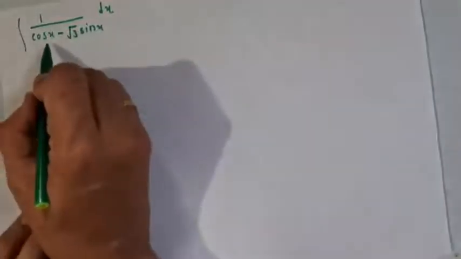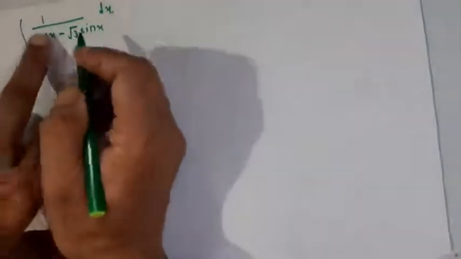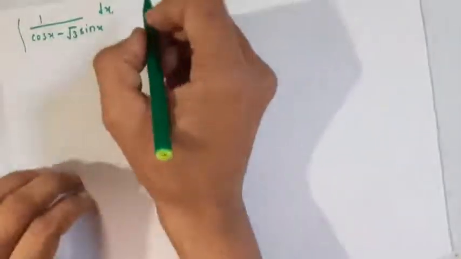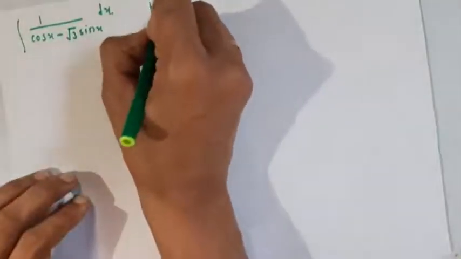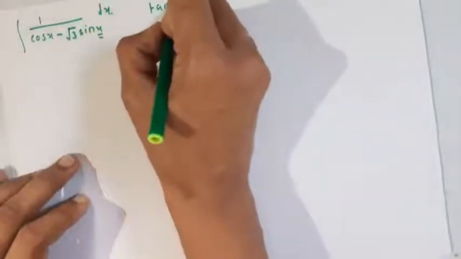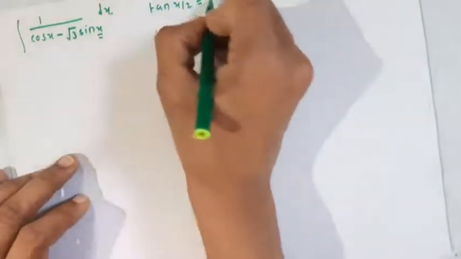So put the value of cos x and the value of sin x. Here a single angle is there, sin of x is there, that's why tan of x by 2 equal to t. This is the substitution.